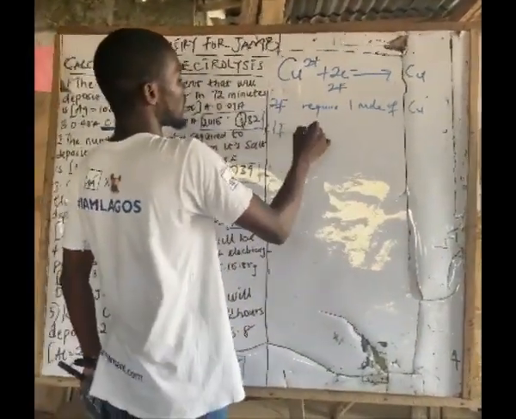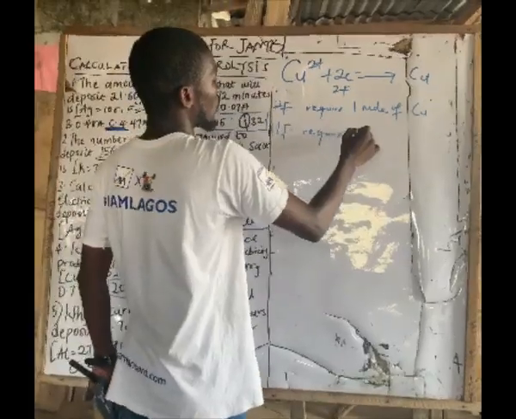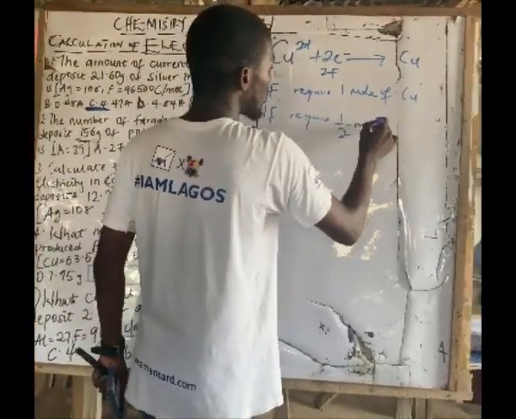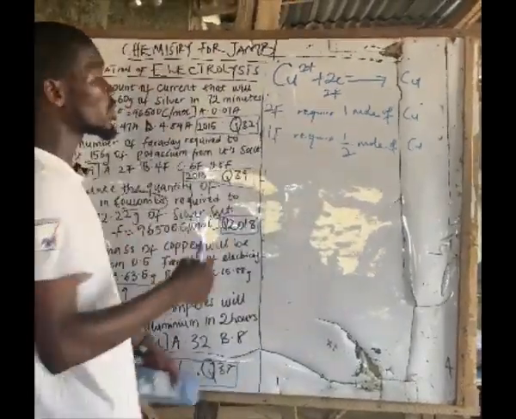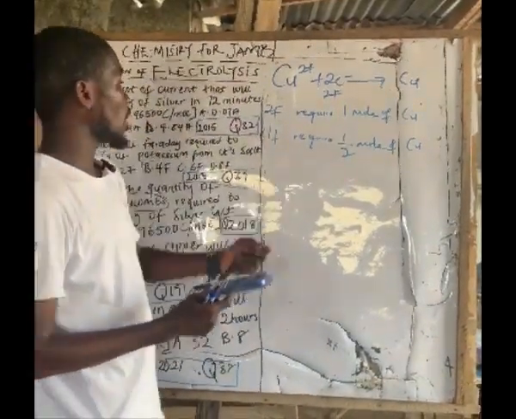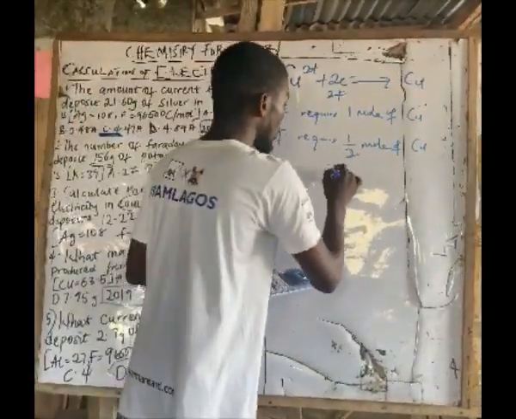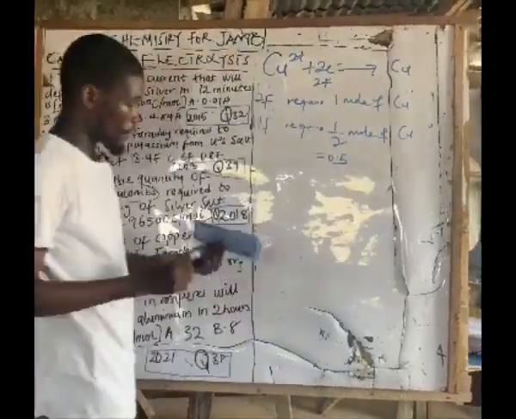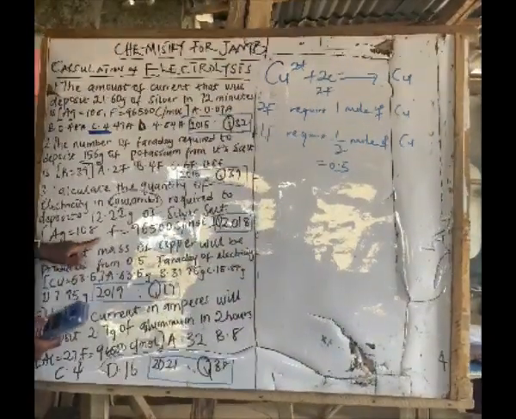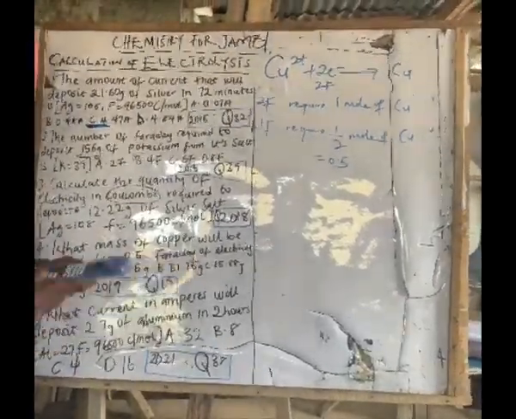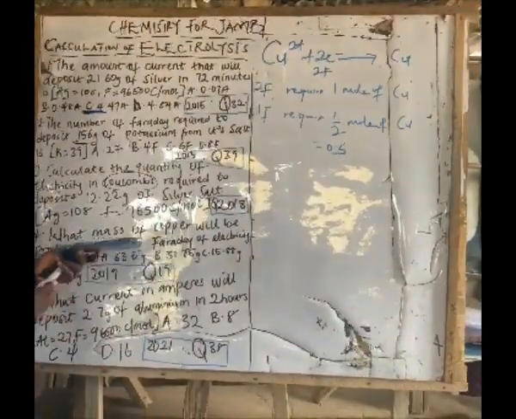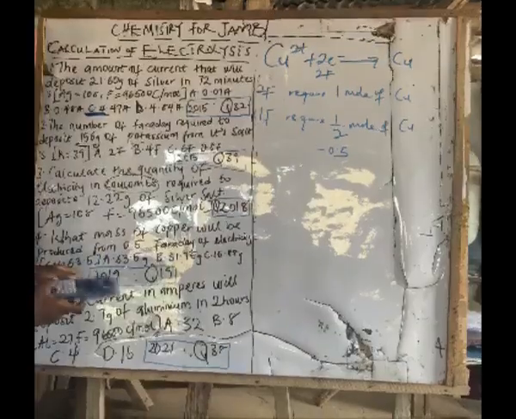Then 1 Faraday requires 1/2 mole of copper. And if you point your calculator, 1 divided by 2 is equivalent to 0.5. Look at what you have here of electricity. The molar mass of copper is 63.5.